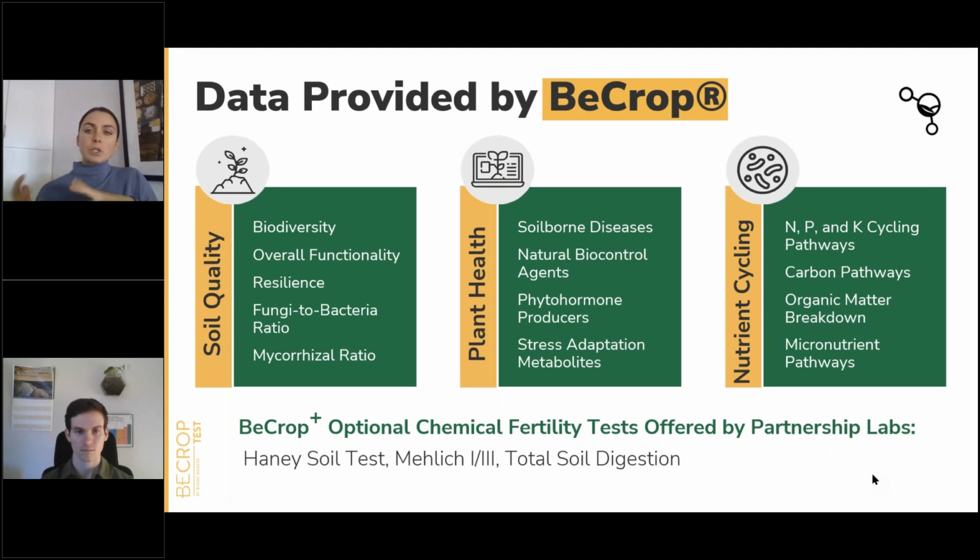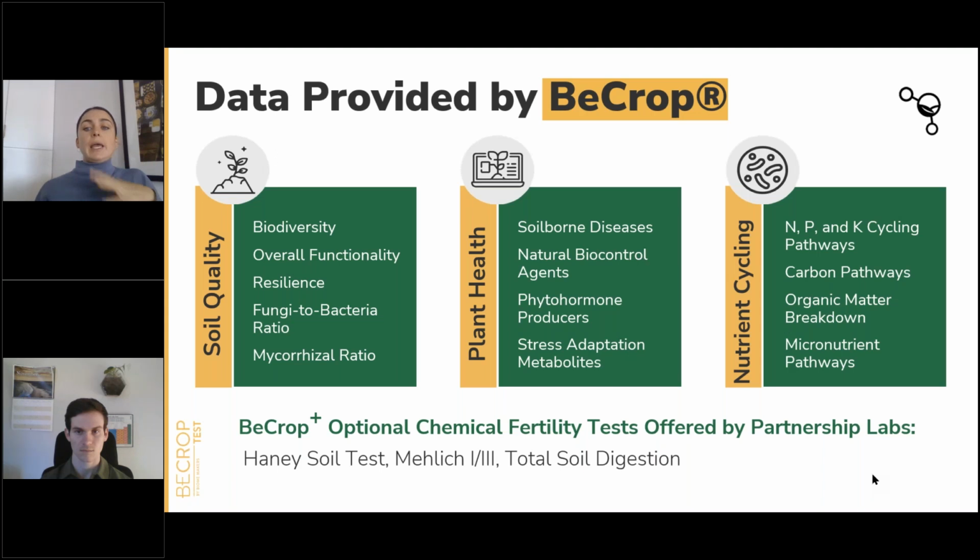And then lastly, we're looking at nutrient cycling, which is obviously really important. And all of our nutrients in the soil are largely driven by biochemistry. They're made available through biochemical reactions. So understanding what biology is there to move nitrogen, phosphorus, potassium, all of those natural cycling pathways to increase our ROI on our fertility, our carbon pathways to understand the overall carbon cycle in the soil biology, organic matter breakdown, and our micronutrient pathways.